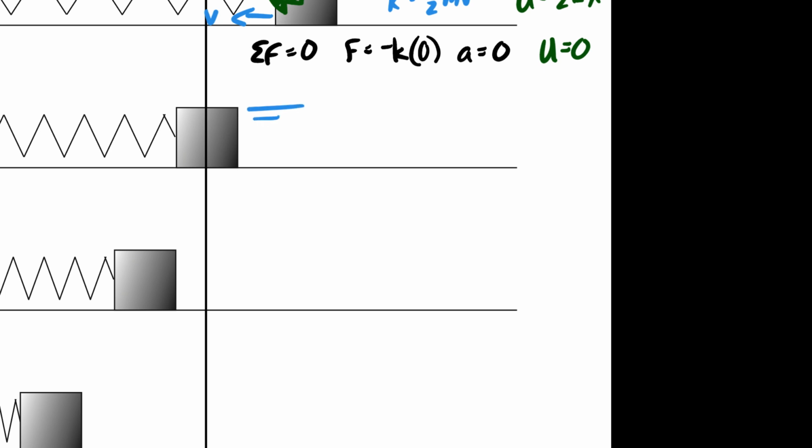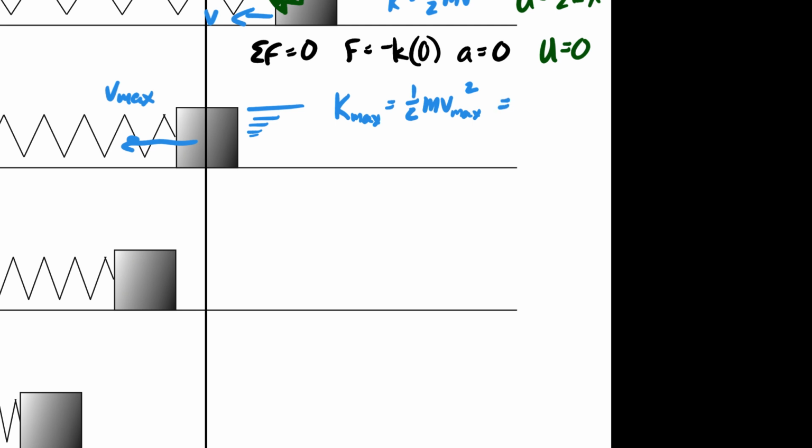Our object is traveling at its fastest, so now v is a maximum. This is as fast as it's going to go. It's going through equilibrium. So our kinetic energy is at a maximum. And that's got to be equal to 1/2 m v max squared, but the energy is conserved.